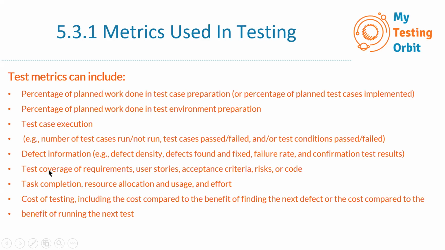Then the next one is test coverage of requirements, user stories, acceptance criteria, risks, or code. We will keep all these metrics captured as well, because that will help us a lot.